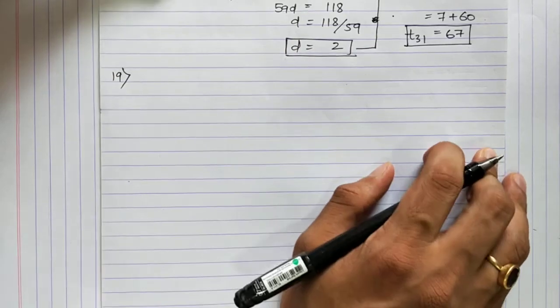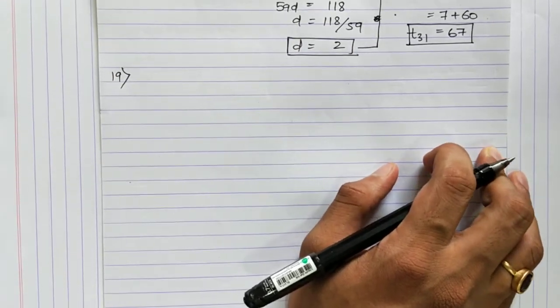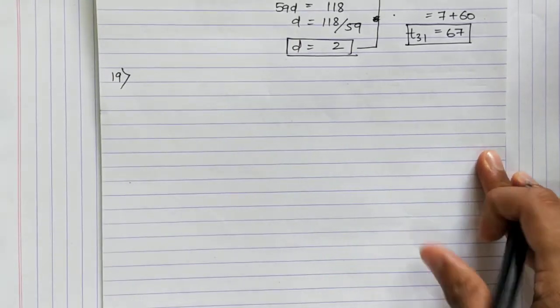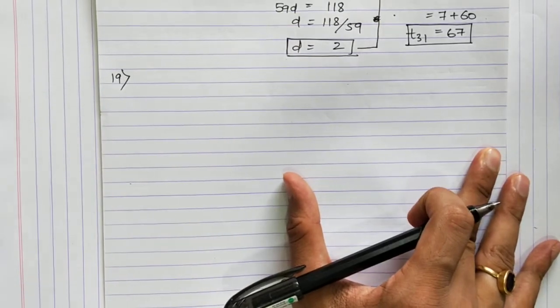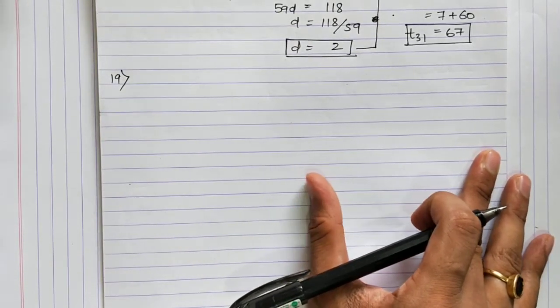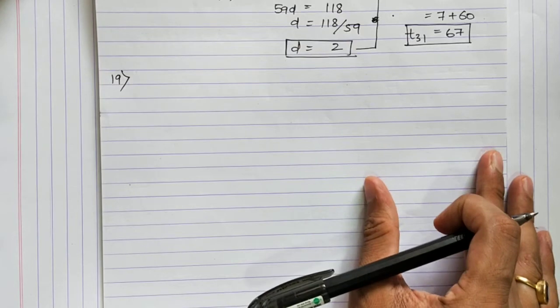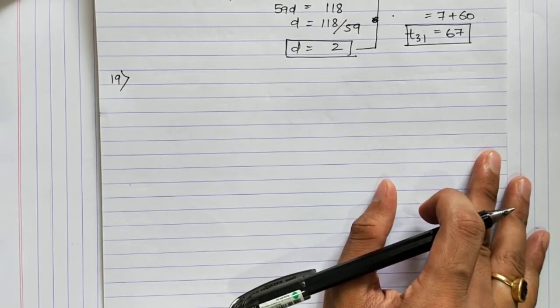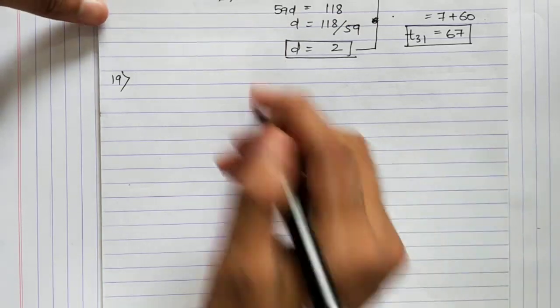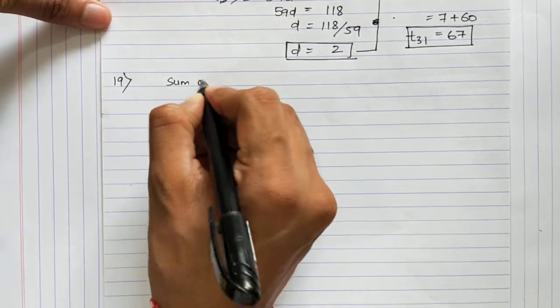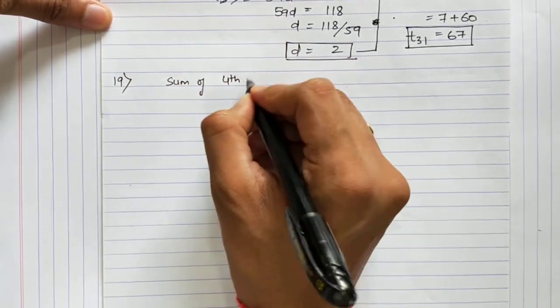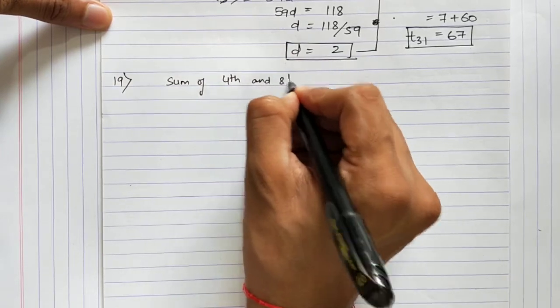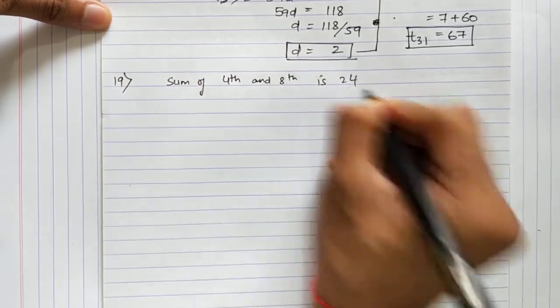Now the 19th sum. The 20th sum is very easy, you can even try it on your own. The 19th sum is a bit different. The sum of the 4th term and 8th term of an AP is 24.